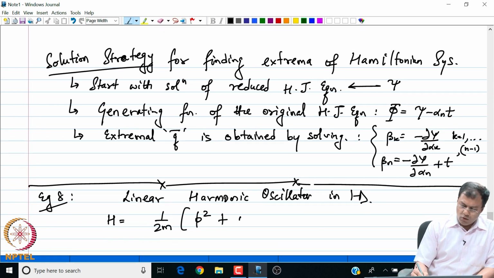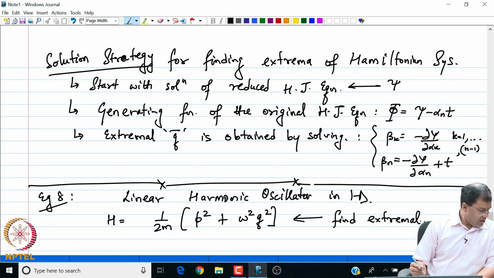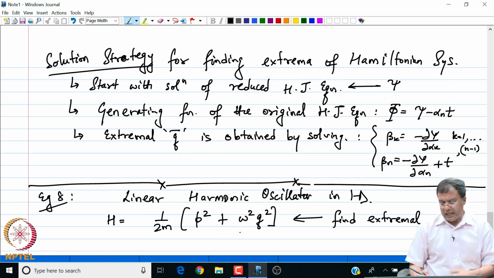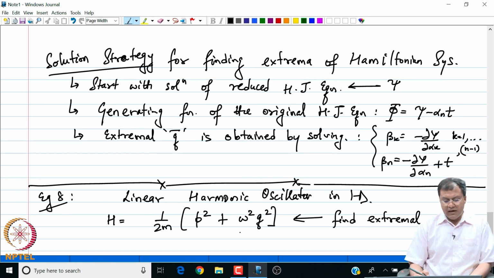P square plus omega square q square, and we need to find the extremal. We need to find the extremal, right? Okay. So, clearly the H is independent of the variable t, which is the independent variable.